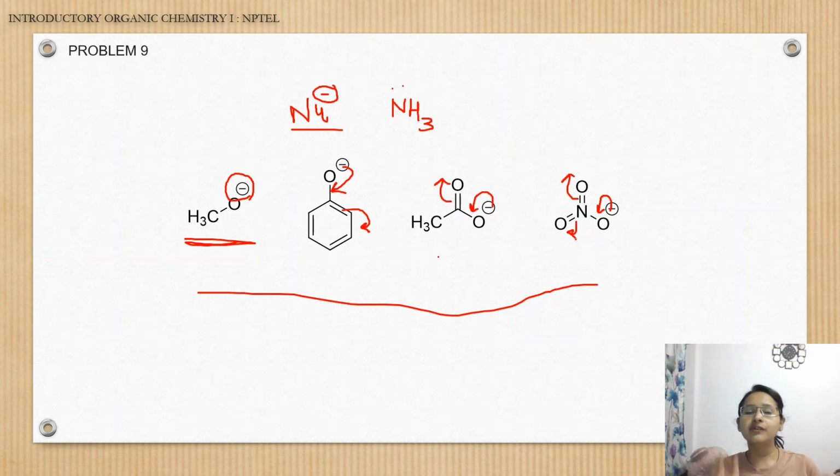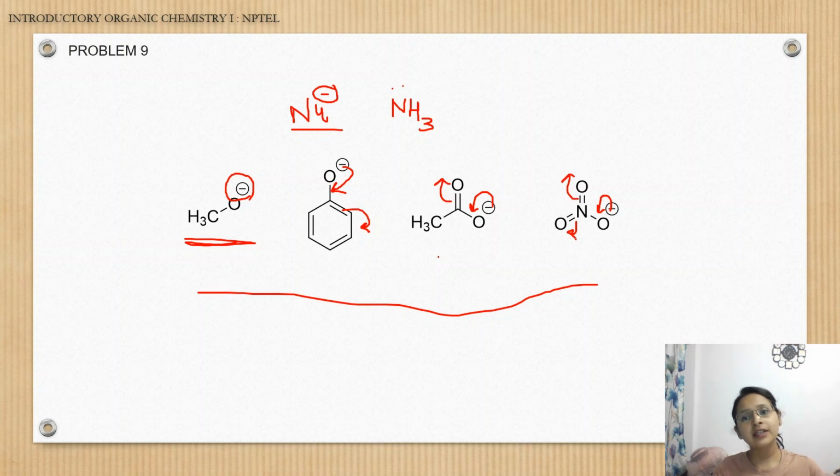Because of the resonating forms, the electron density on the oxygen is diminished, because the electron density is now involved in the delocalization as well. So the availability of that oxygen anion is now reduced.